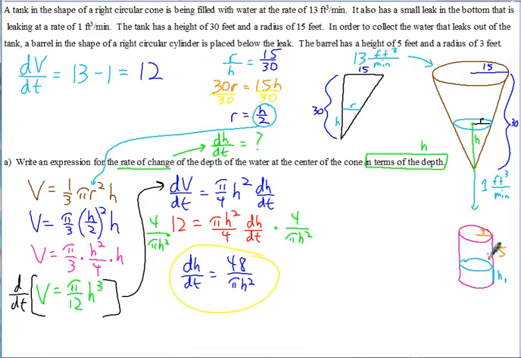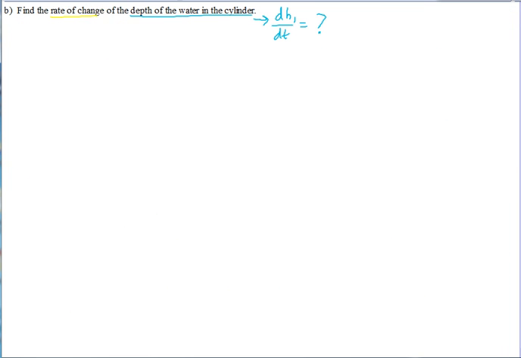But for the cylinder, the only thing that affects it is this 1 that's going into the cylinder. It's negative in terms of the cone because it's leaking out of the cone, but in terms of the cylinder, it's actually positive. So our dv dt here, although I'm not going to use v again because that was the volume of the cone, I'm going to use v sub 1, would be positive 1 because it's going into the cylinder at a positive rate of 1 cubic foot per minute.